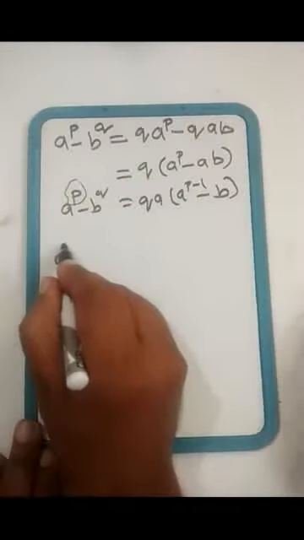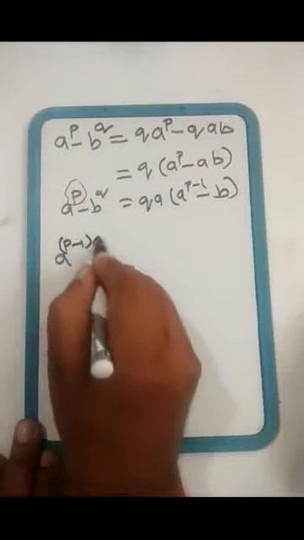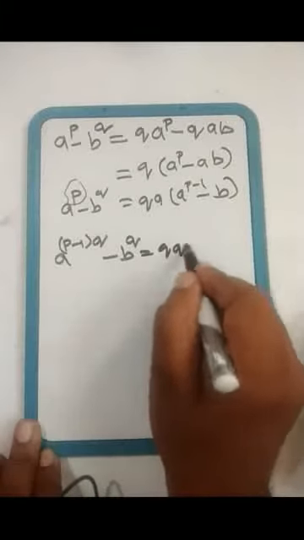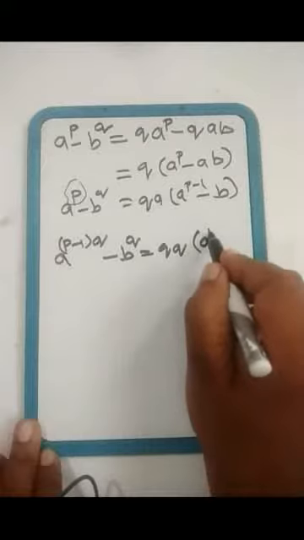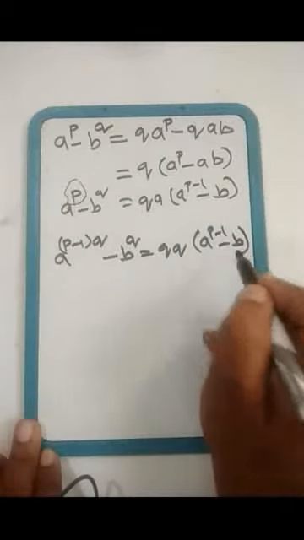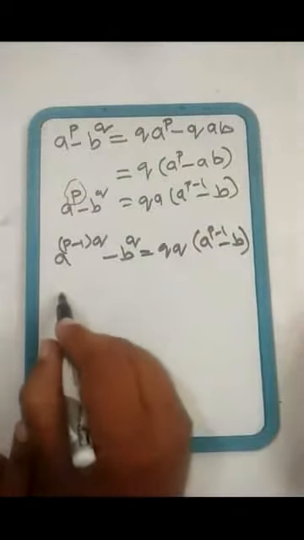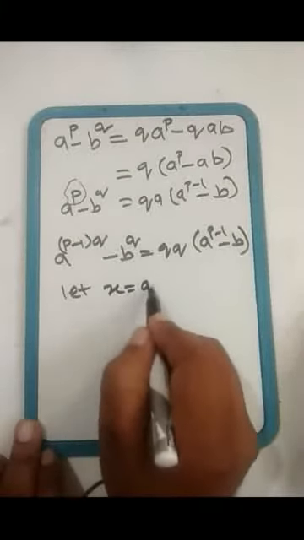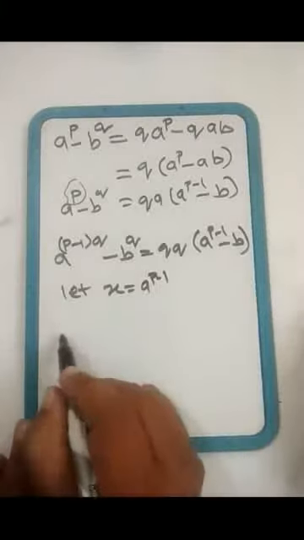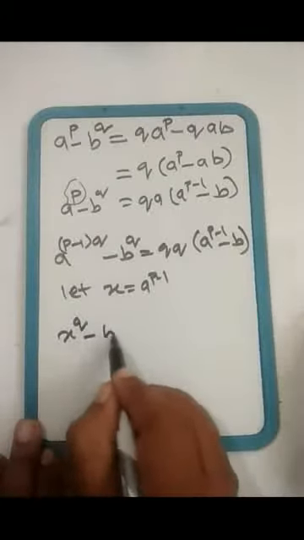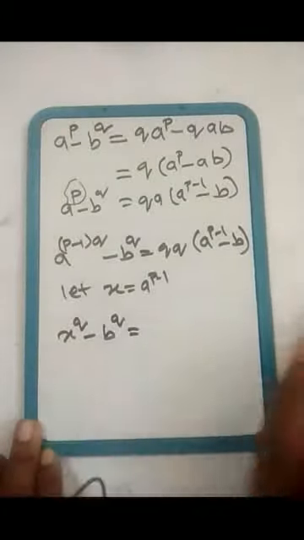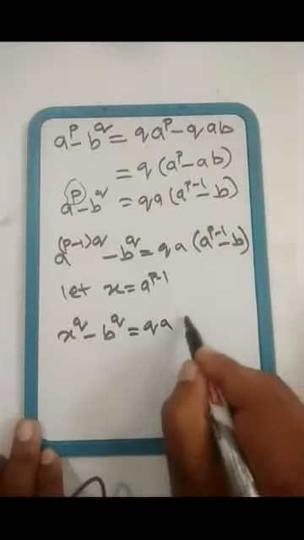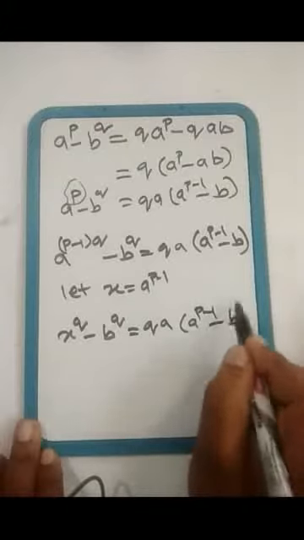So a raised to p minus 1 times q minus b raised to q is qa times a raised to p minus 1 minus b. Let x be equal to a raised to p minus 1. So this becomes x raised to q minus b raised to q, and this is qa times a raised to p minus 1 minus b.